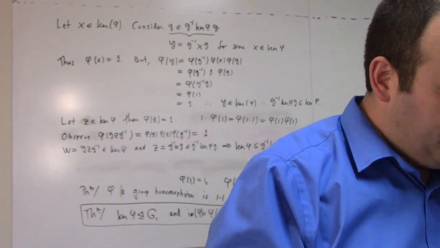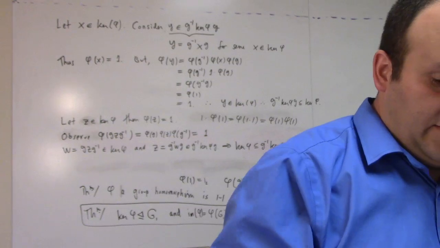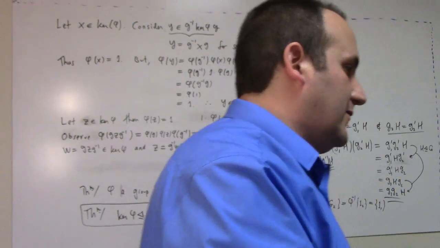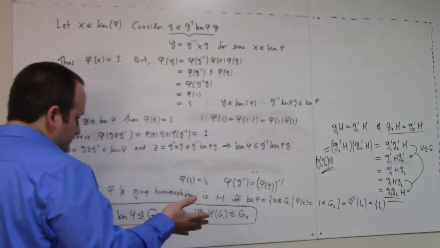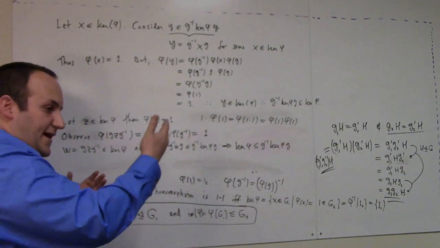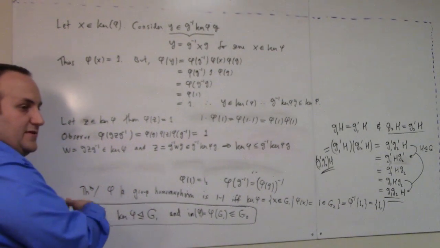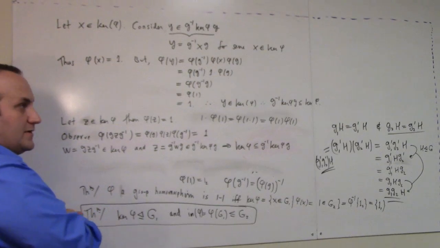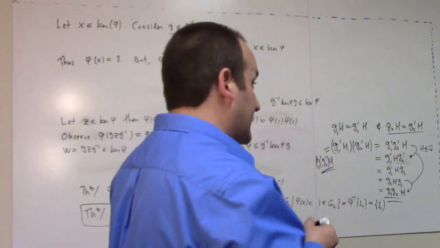Now the beauty of cosets really is that you've got the kernel of phi as a normal subgroup, right? That means you can factor by the kernel and get a well-defined factor group. And then there's this wonderful theorem, the first isomorphism theorem.